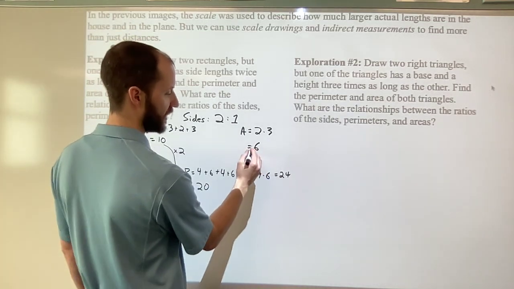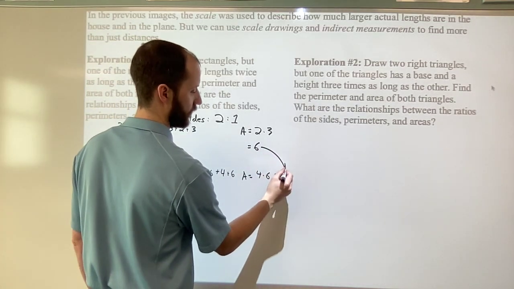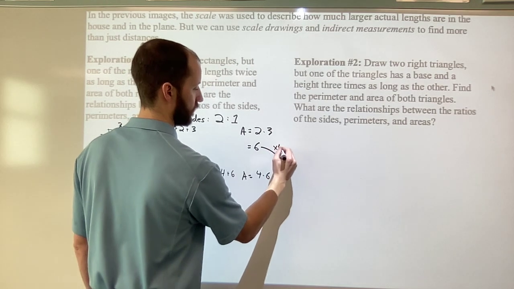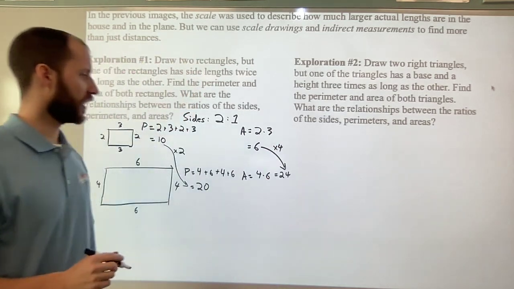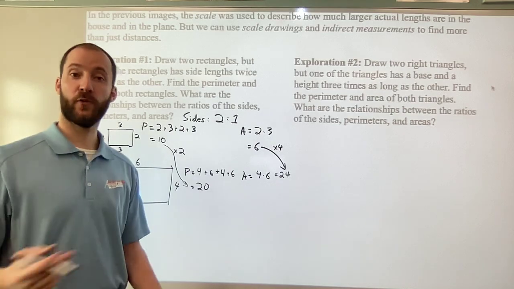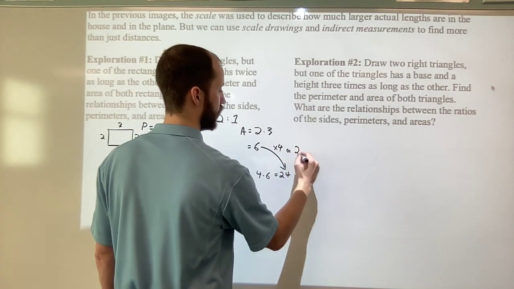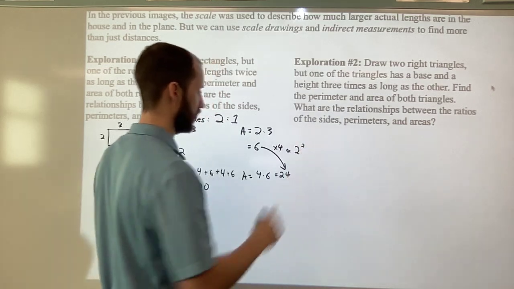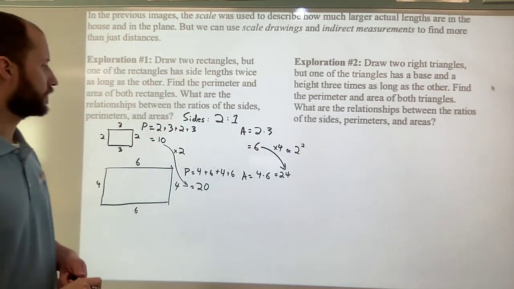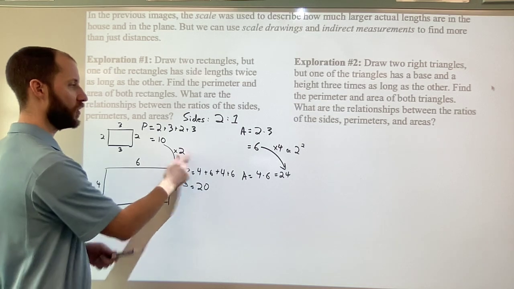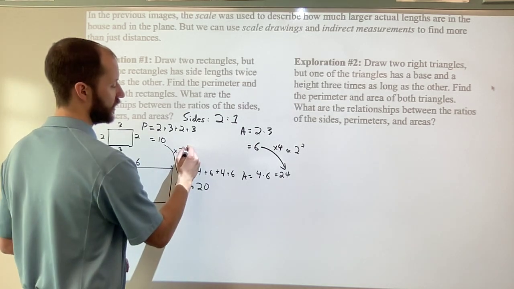Now from 6 to 24 looks like we're multiplying by 4, or by 2 squared. This times 2 is like 2 to the first.